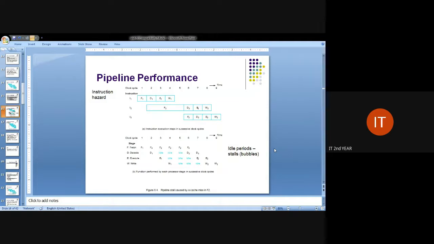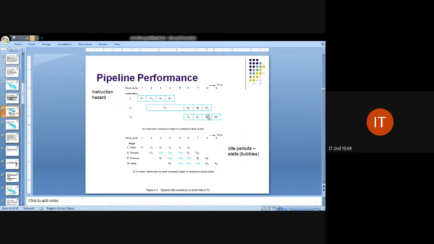So we can also say that pipeline performance is decided by the number of stalls occurring in the particular pipeline sequence. Suppose for example here you have I1, I2, I3, three instructions. When these instructions are fine tuned in a proper way, they can be executed within 5 to 6 clock cycles.